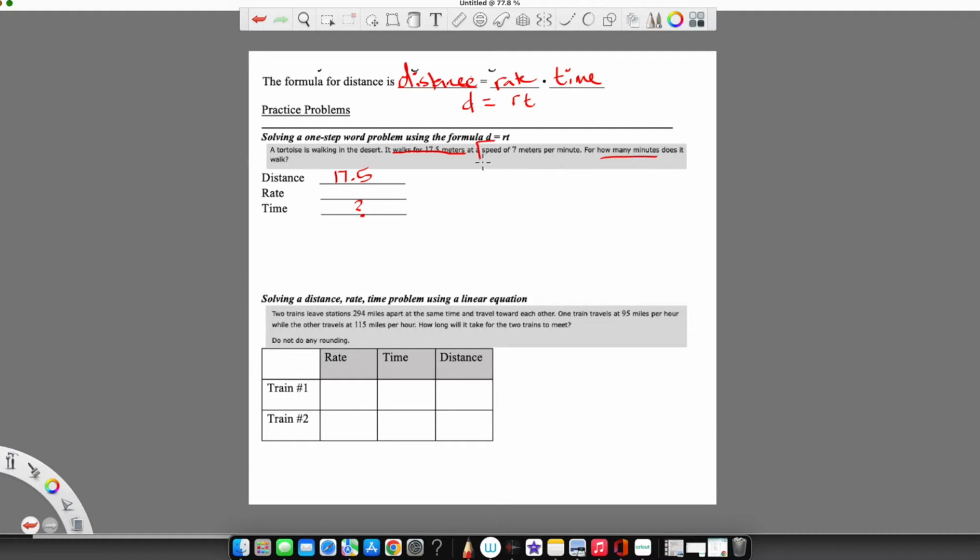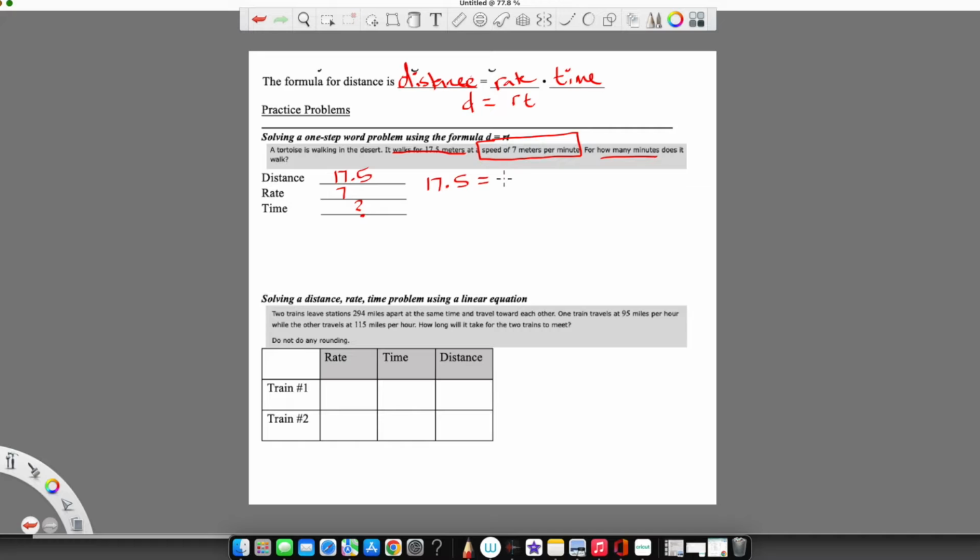So it walks for 17.5 meters, that's my distance. And then speed, that is my rate. We're going to hear something per minute, per hour, something along those lines, and that lets us know that it's a rate. So this is going to be 7 meters per minute. I don't think we'd actually put MPM on there, we'd probably just write out meters.